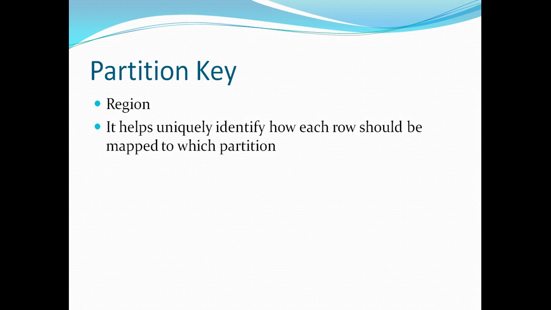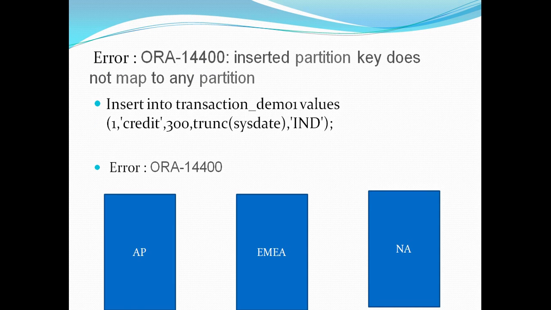Now what happens if the user tries to insert data that does not belong to any of the three partitions? So instead of specifying AP, EMEA or North America as region, I instead try to insert the data for India. So here what I'm doing is I'm trying to insert a row in my transaction demo 1 where instead of region as Asia Pacific, EMEA or NA, I've specified IND, which actually represents India.